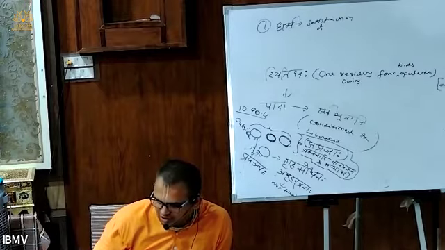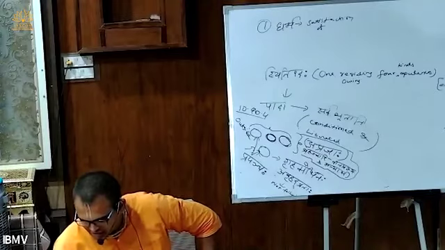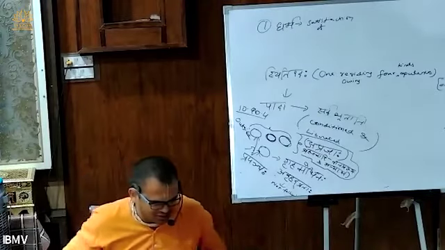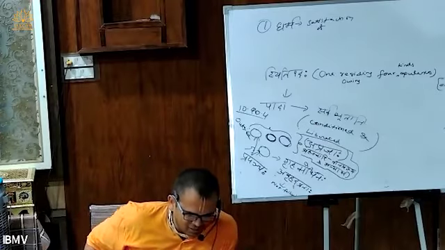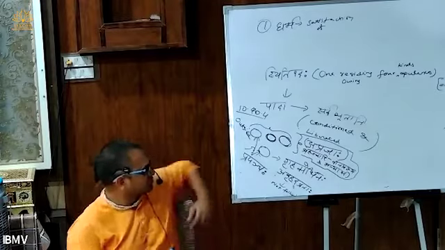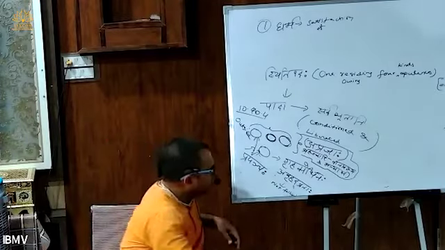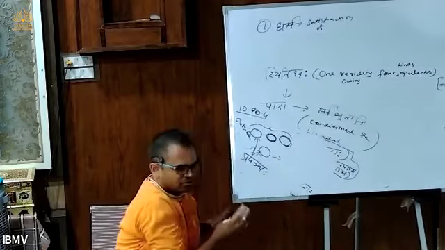One is Sashana, and the other is Anashana. That means karma adi falabhoga, and tad atikrama yukte. These are the two.